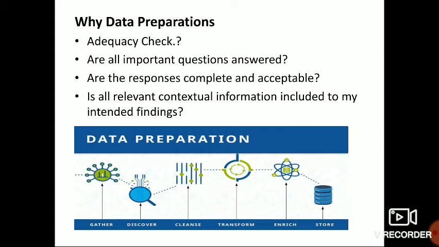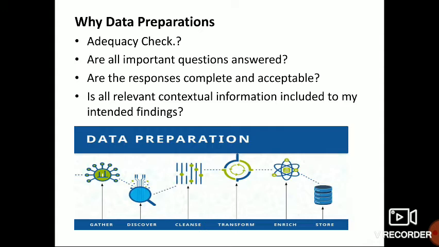The first one, with the help of preparation, we can check its adequacy. That means we can check data adequacy, whether the data has sufficient information or not. Second, any information left out by the respondents can be identified through data preparation.